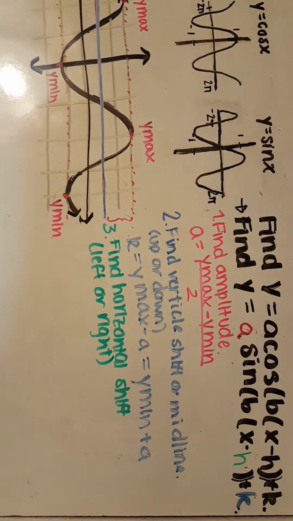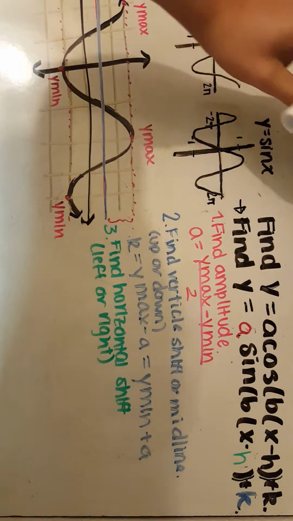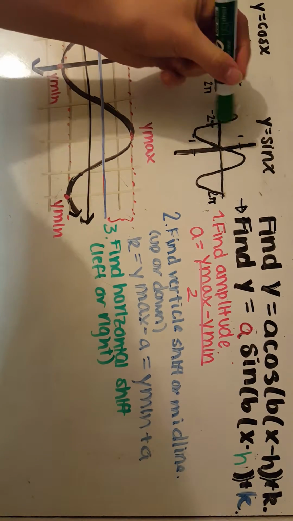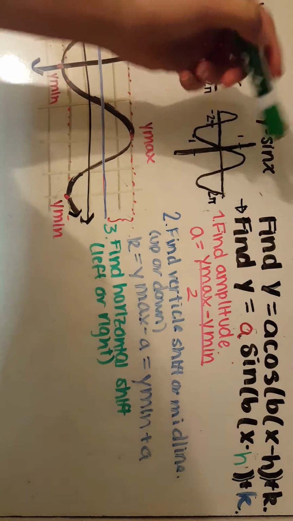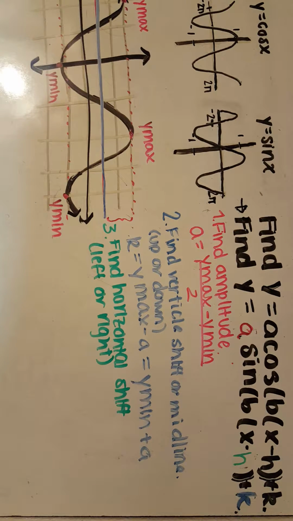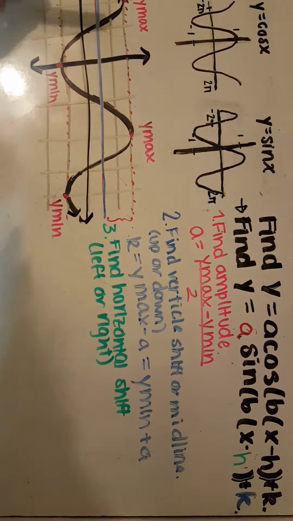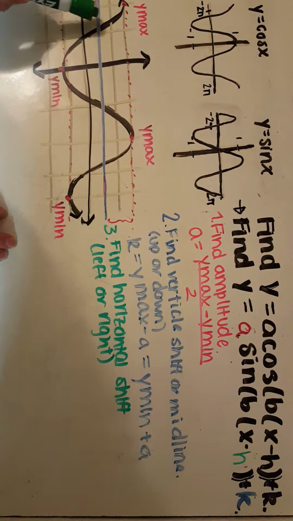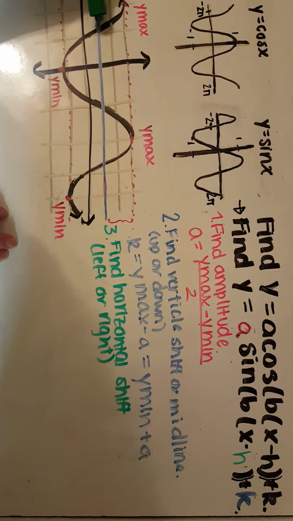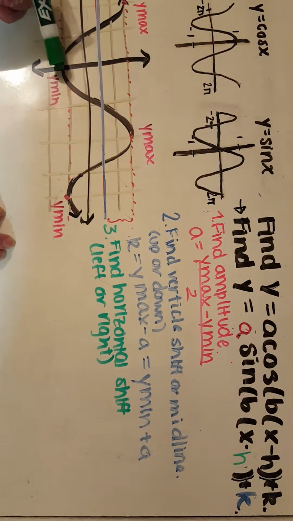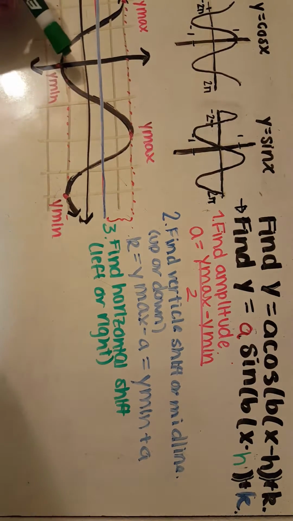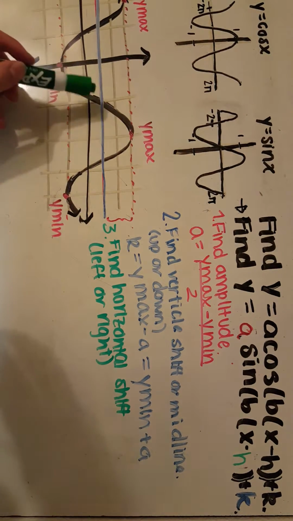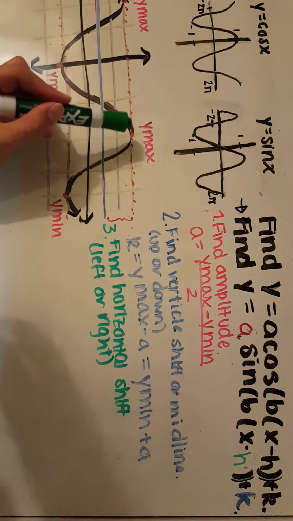And so now we have to take into consideration, where are we starting for a sine curve? So generally with our sine curve, again, we start at 0 and we go up to 1. And so if we look at this graph, if we look to the left, we start at 0 here, but we decrease. And if we look to the right, we see that we start at 0 and we increase.